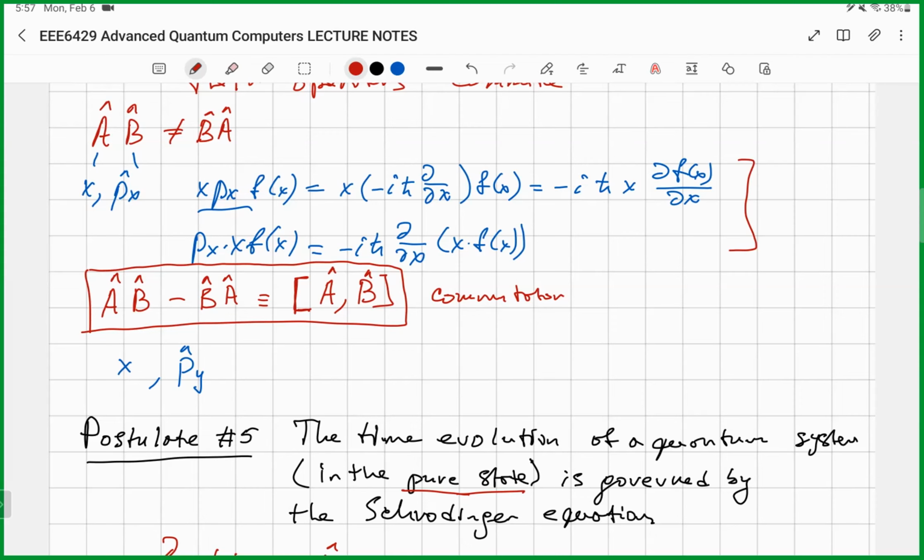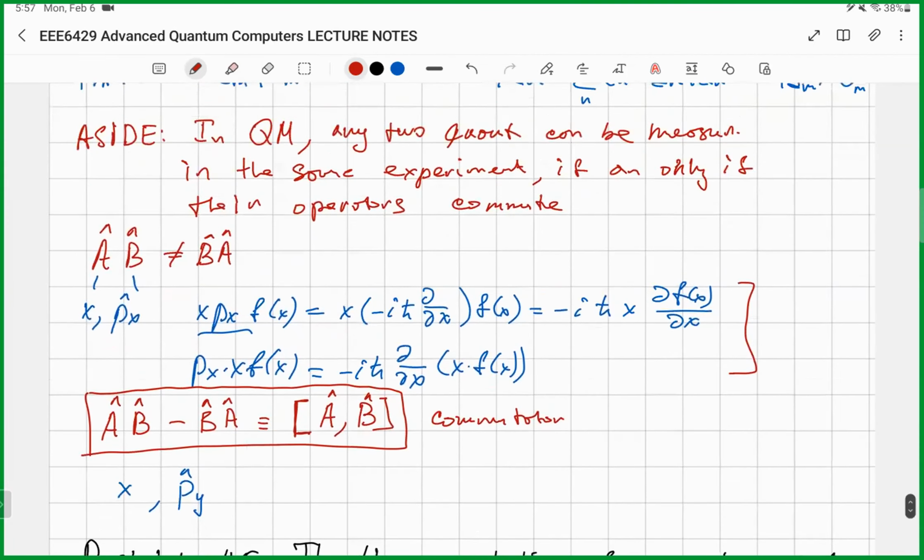In fact, we will discuss this today, and this basically says that for any two quantities whose operators don't commute, then you cannot measure these two quantities with 100% accuracy.